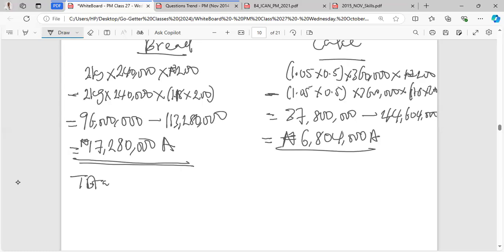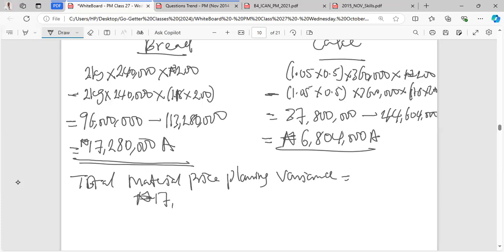So I will now say total material price planning variance is equal to 17,280 adverse plus 6,804 adverse, which is equal to, so let's do that now.